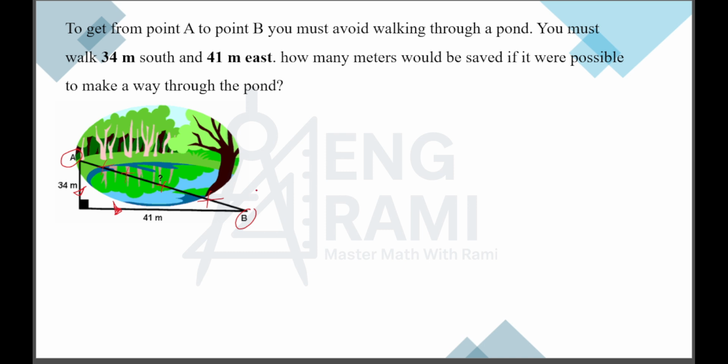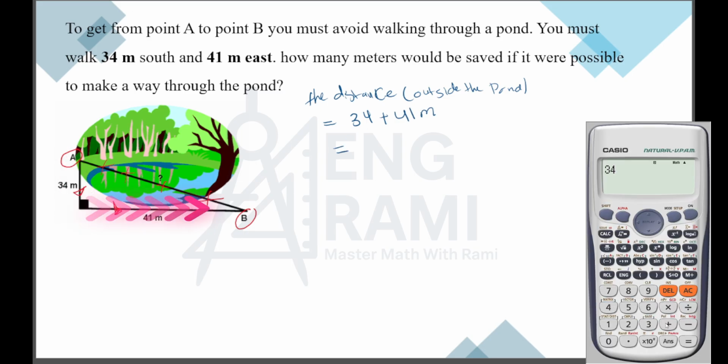So the total distance outside the pond equals 34 plus 41 meters, which equals 75. The total distance is 75 meters.